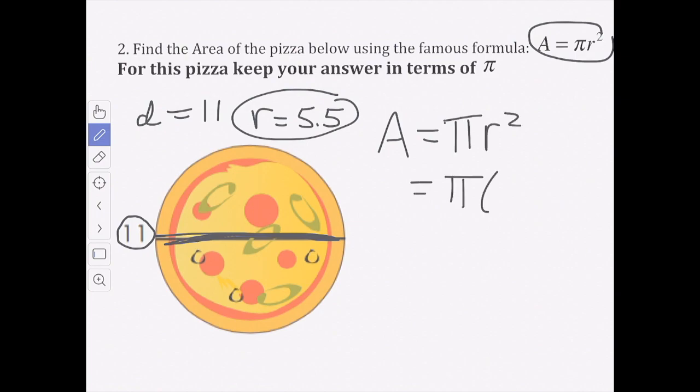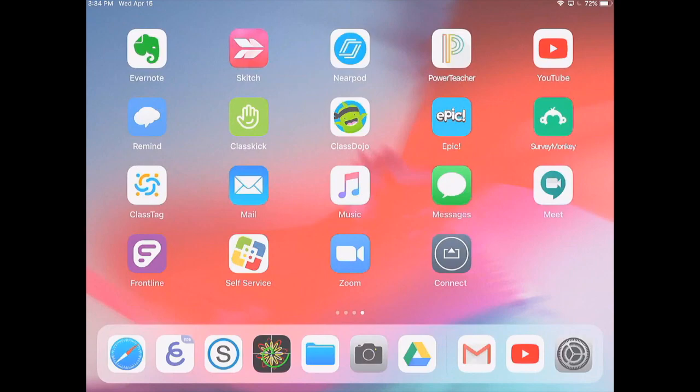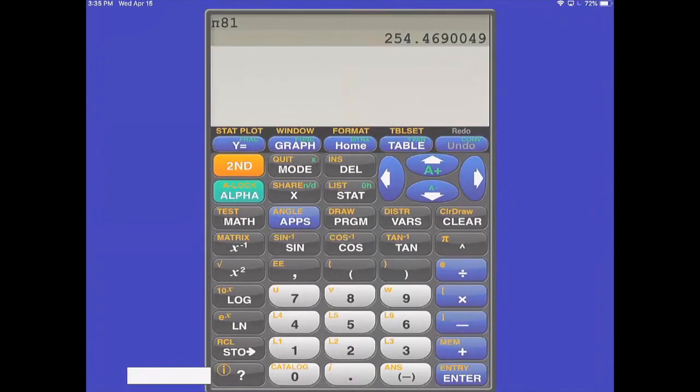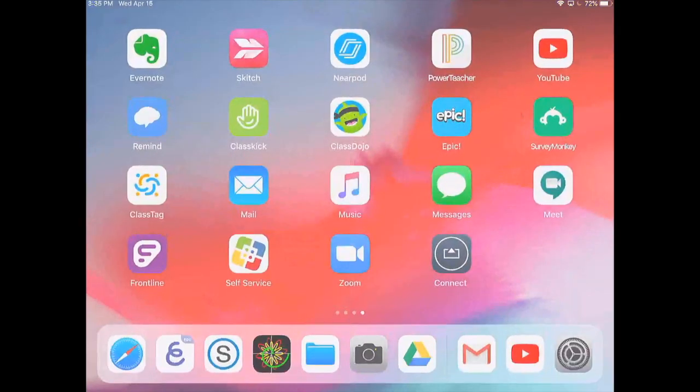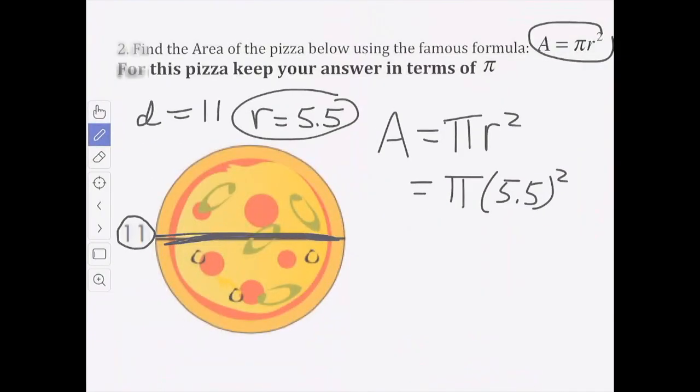And it's just simply using pi r squared to figure out the area. So pi times 5.5 squared, and that's where it's helpful to use the calculator. 5.5 squared times pi. Well, what's 5.5 squared, first of all? It's 30.25. So I'm going to get pi times 30.25.